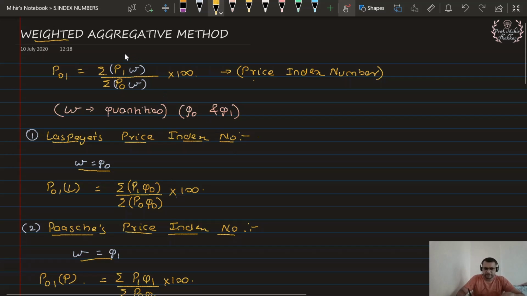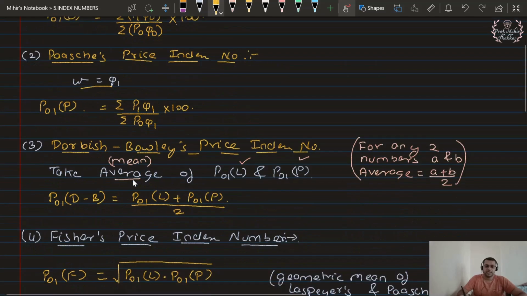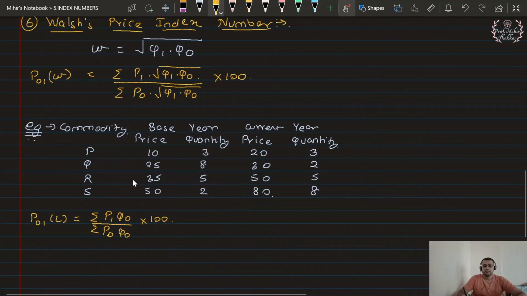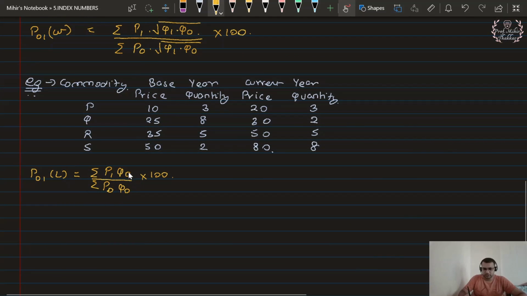Our basic formula remains the same: summation P1 W upon summation P0 W into 100. When the question is asking you about the Laspeyres formula, it should come to your mind that you have to use the weight as the base year quantity, which is Q0. So I get the Laspeyres formula by writing it as summation P1 Q0 upon summation P0 Q0.